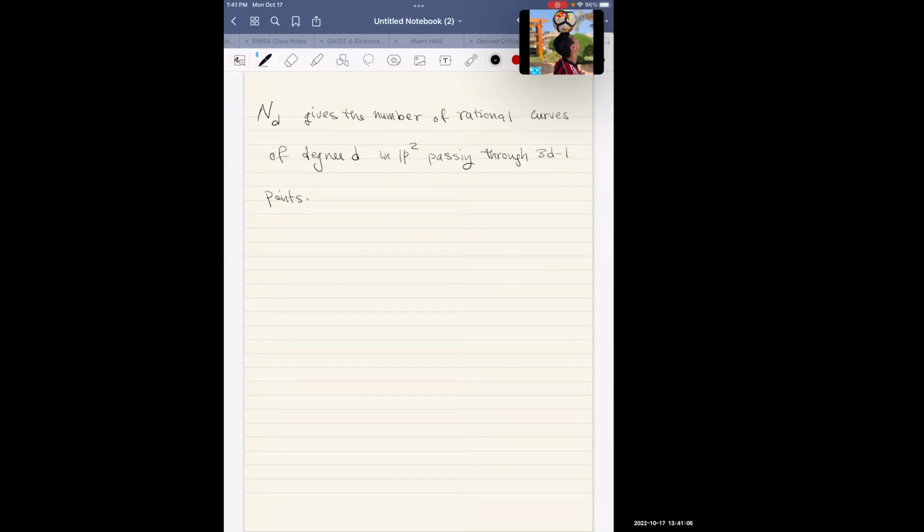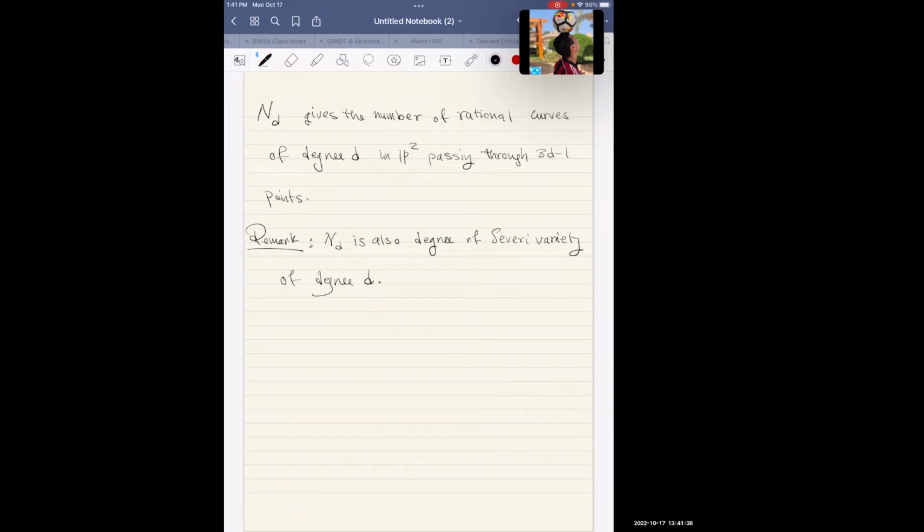Okay. Now here is a remark. If you search the literature, you will realize that N d is also the degree of the Severi variety of degree d. Search the literature and try to fulfill your curiosity, and then you will see it has the same definition.